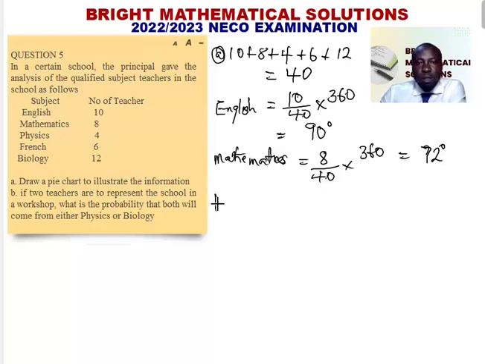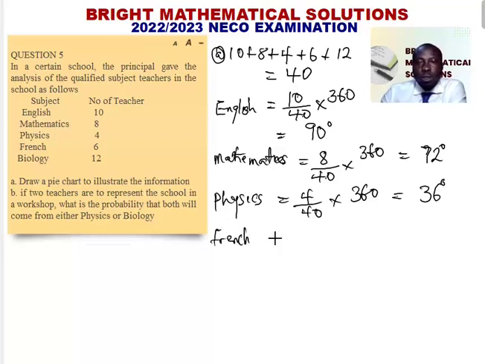Now for physics, that is 4 all over 40 multiplied by 360, that gives us 36 degrees. Now for French, which is 6 over 40 multiplied by 360, and that gives us 54 degrees.